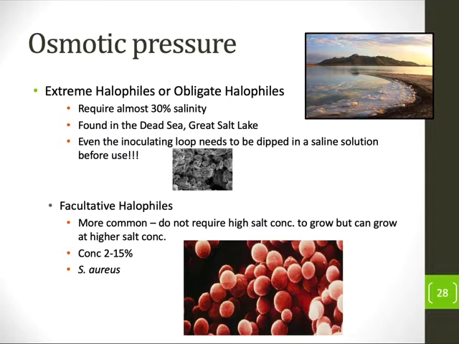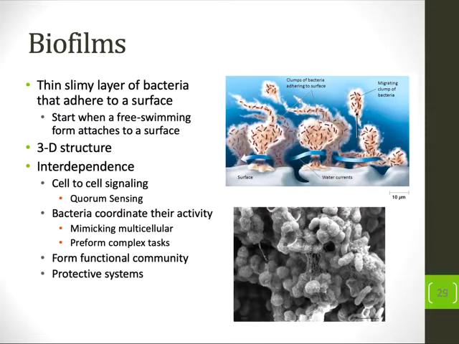Osmotic pressure then is an important effect on the growth of microorganisms. The exceptions that we have would be, for instance, the halophiles, the extreme or obligate halophiles, and the facultative halophiles. So these organisms would either tolerate or would need a very saline environment, very salty environment, in order to survive.